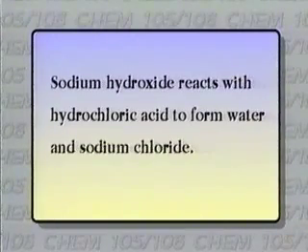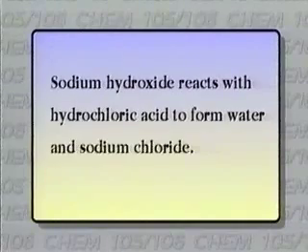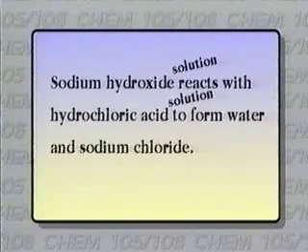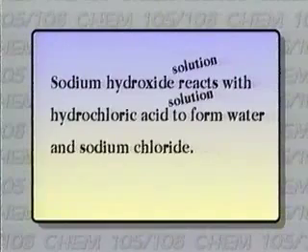And we're going to write then the chemical equation for this. Now, sodium hydroxide, I should have said sodium hydroxide solution here, and hydrochloric acid solution, so that we know that.